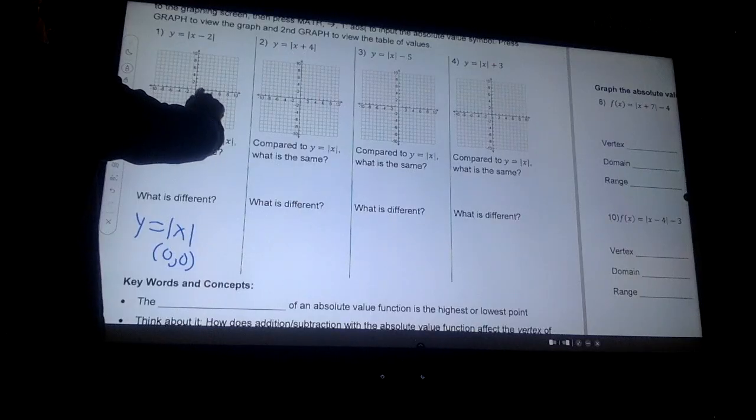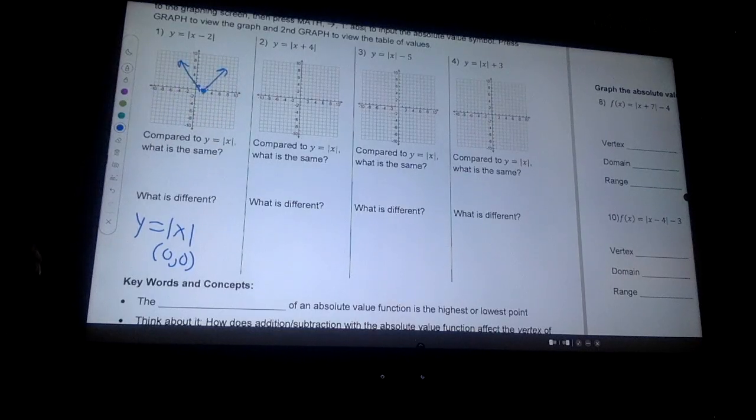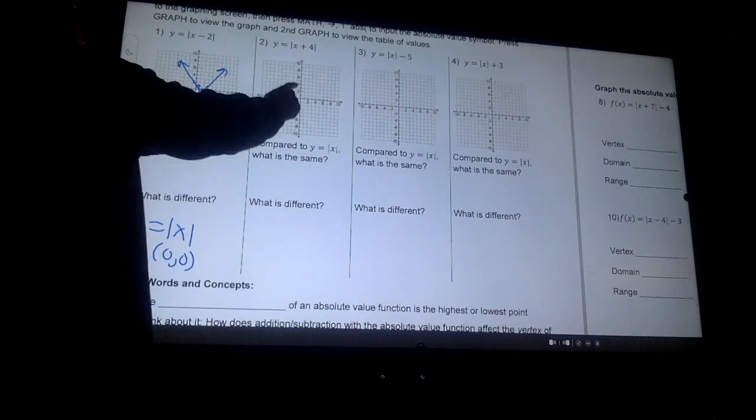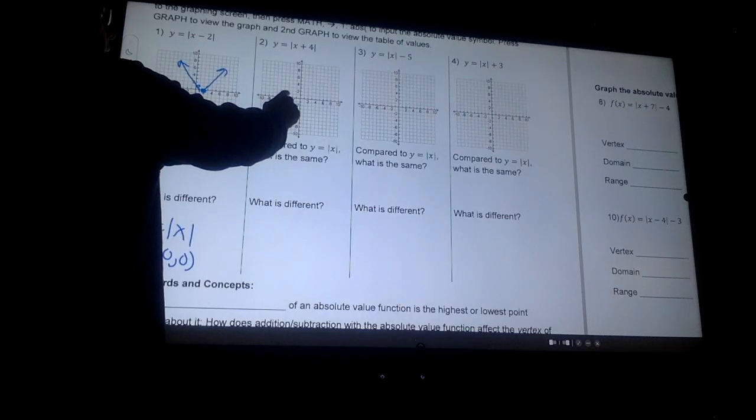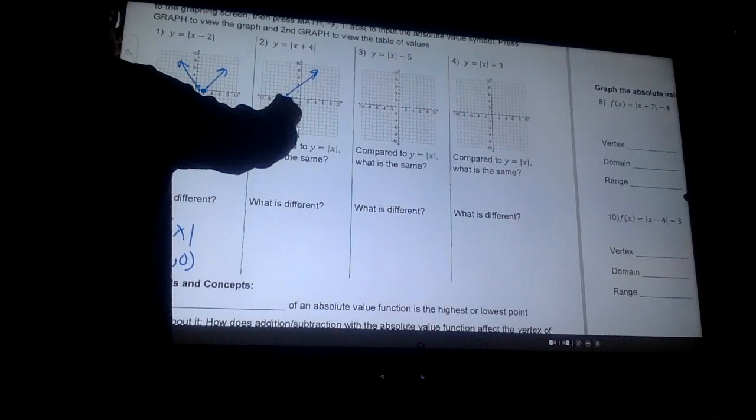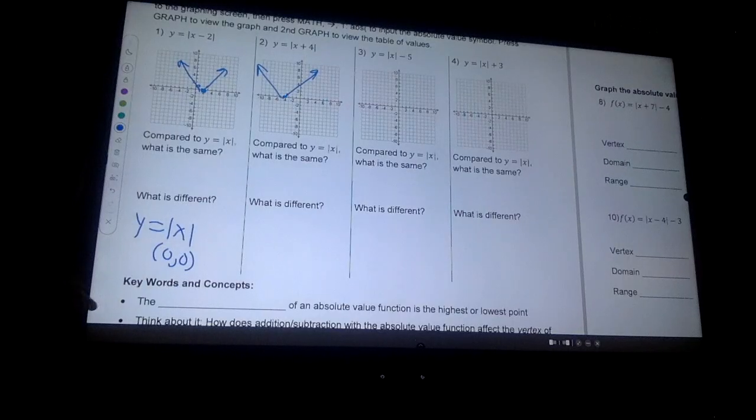So it's going to go right there. I don't have anything out in front, so it's going to look like this. Notice it shifted 2 to the right, even though it was a subtraction. If it's subtraction inside, it's going to do the opposite of what is inside. So on this one, I'm going to go left 4, and it's just going to look like this. So it shifted left 4.